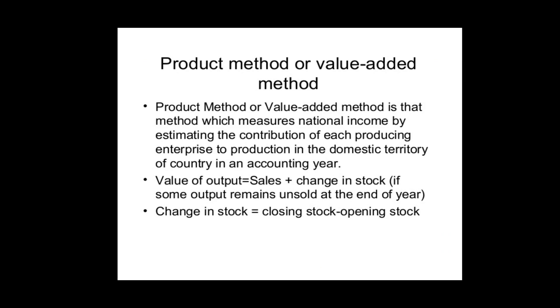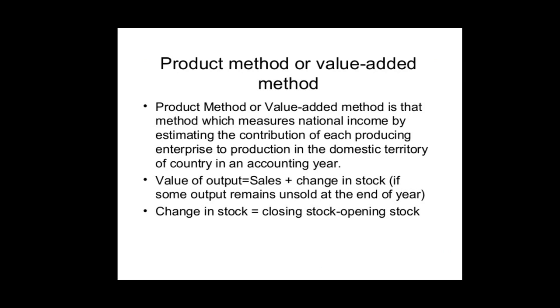Under this method, the economy is classified into different sectors like agricultural sector, industrial sector, service sector, and foreign transaction sector. Then the net value added by each sector as well as by each productive enterprise is estimated to arrive at national income.